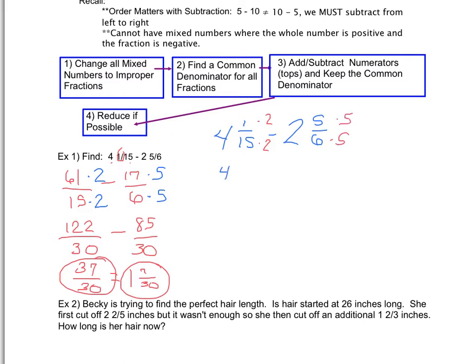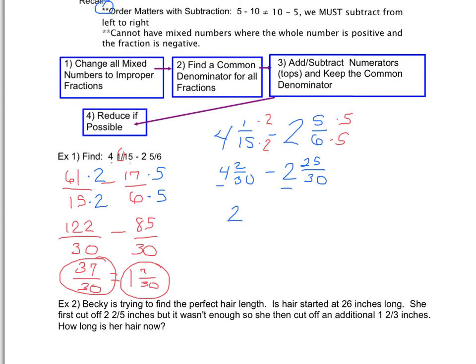Giving me 4 and 2/30 minus 2 and 25/30. From here I say 4 minus 2 is 2. And I say, pointing out up here, order matters with subtraction. With subtraction, I always have to go from left to right, which means I have to do 2 subtract 25.